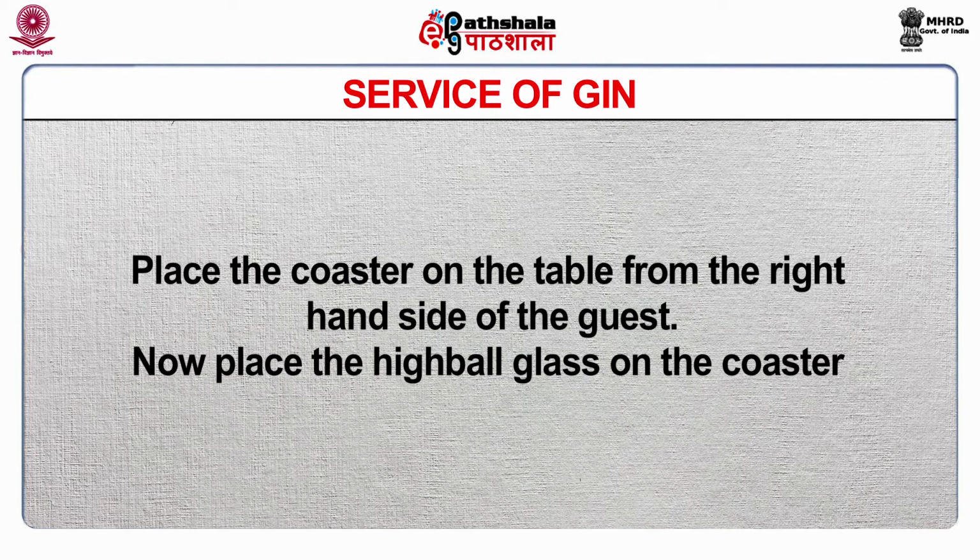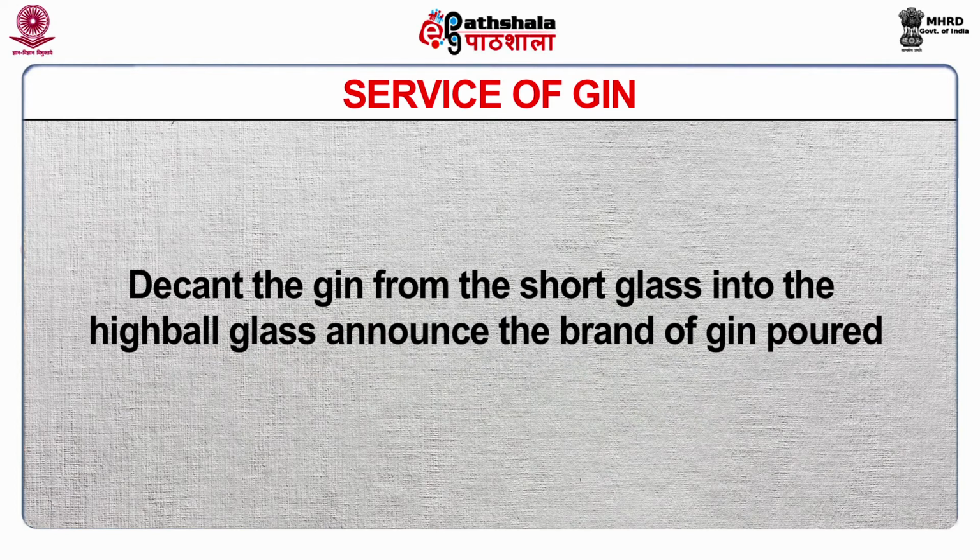Place the coaster on the table from the right hand side of the guest. Now place the highball glass on the coaster. Decant the gin from the shot glass into the highball glass. Announce the brand of gin poured.